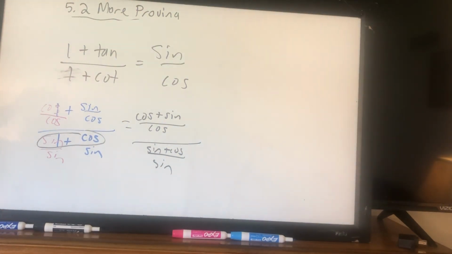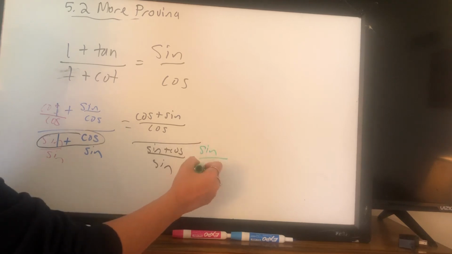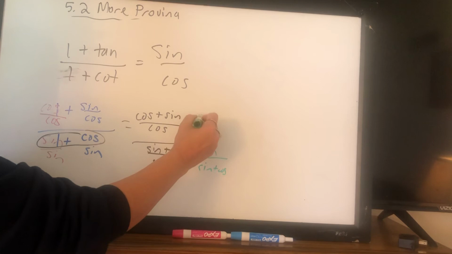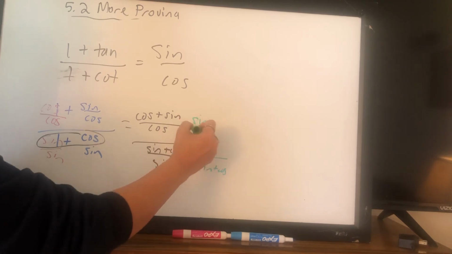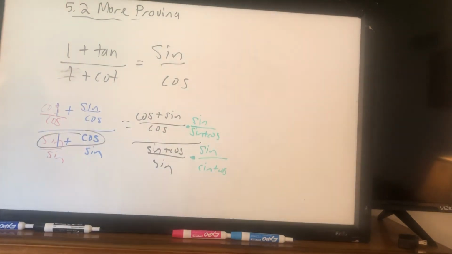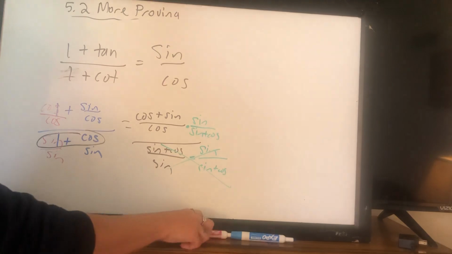Some of you will shortcut this, but I like to show the steps. Multiply by its reciprocal. Sine over sine plus cosine. Whatever you do to the bottom, sine over sine plus cosine. Remember, sine plus cosine will be the same as cosine plus sine. The bottom is gone.